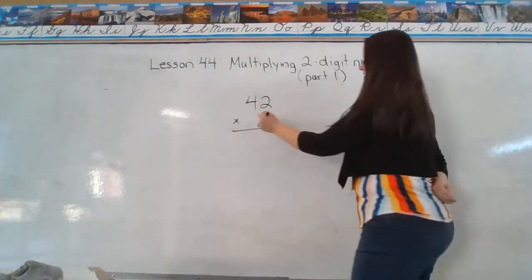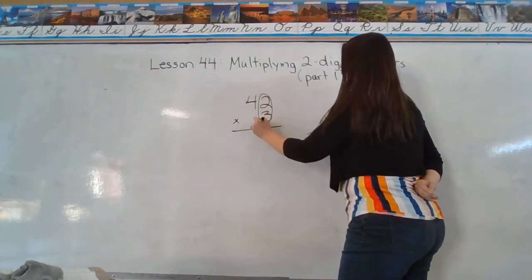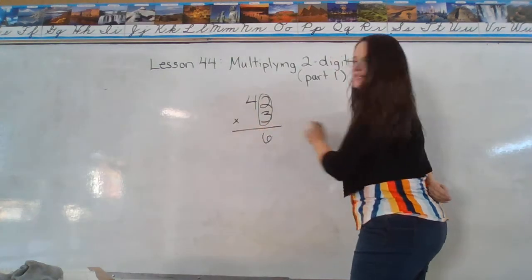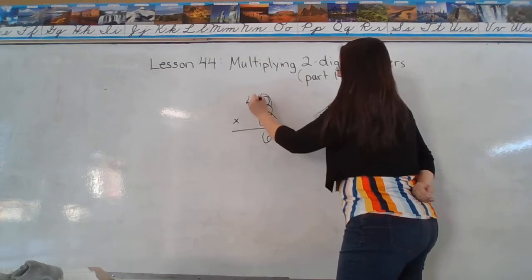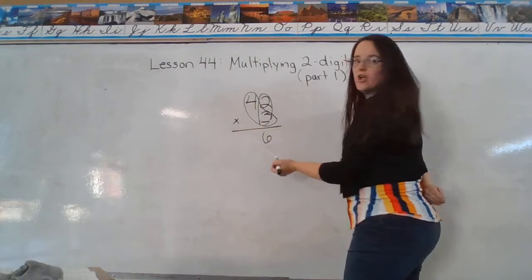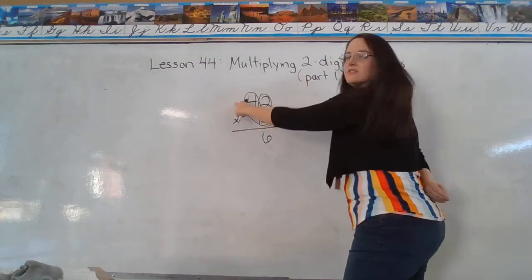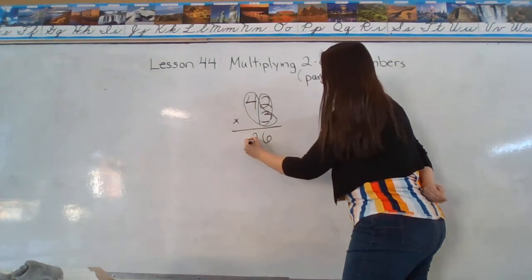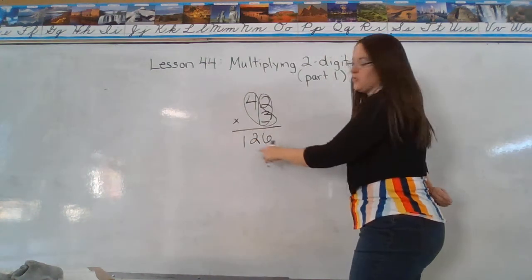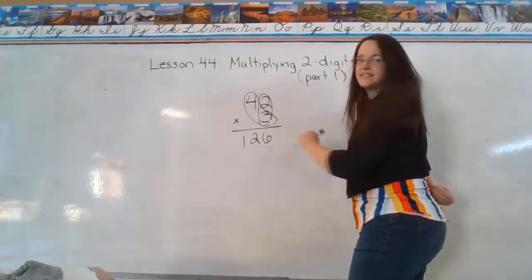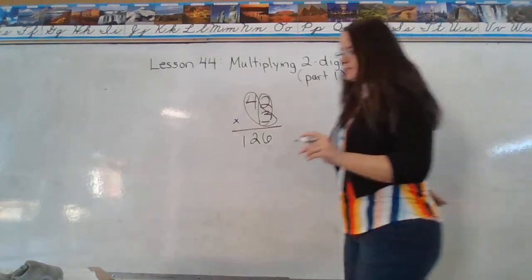So we start by doing our ones place. 3 times 2 is 6. And then we multiply 3 times 4, which is 12. I don't have any hundreds over here, so I don't have to carry. I can just write my 12, which ends up being 126. Okay?